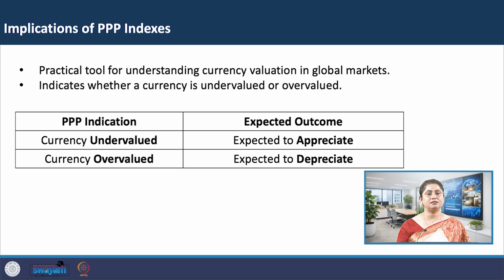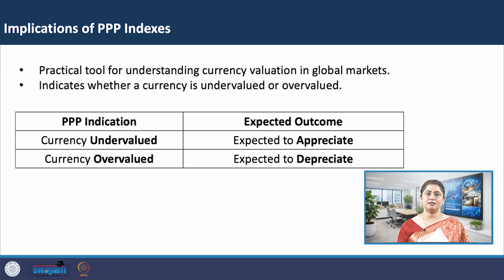Now, what do these indices actually tell us in practical terms? They serve as a practical tool for understanding currency valuation. They indicate whether a currency is undervalued or overvalued relative to its PPP implied fair value.